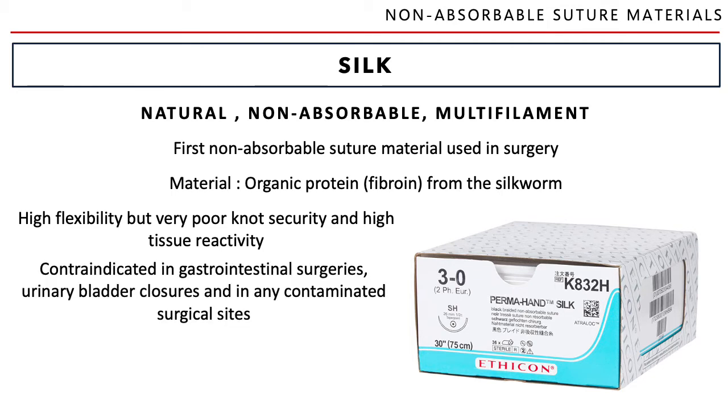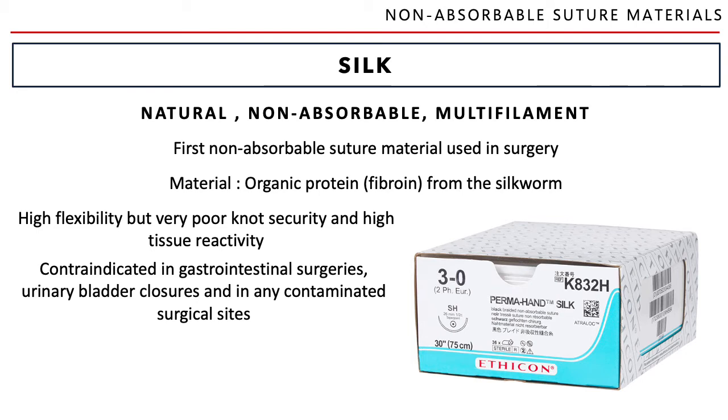It is contraindicated in gastrointestinal surgeries, urinary bladder closures, and in any contaminated surgical sites. Number one, because it has very poor knot security. You do not want to use a suture material whose knots easily come undone when you're sealing organs which need to be sealed.